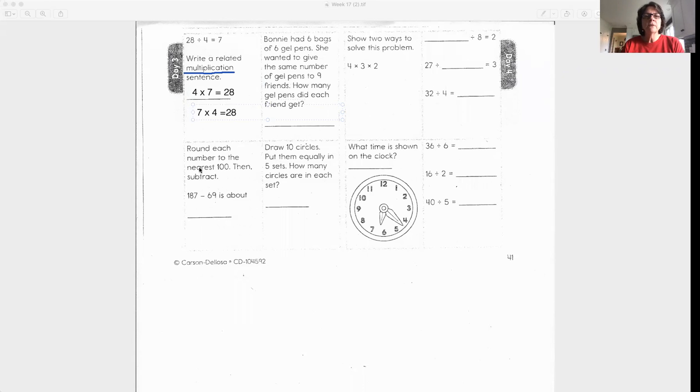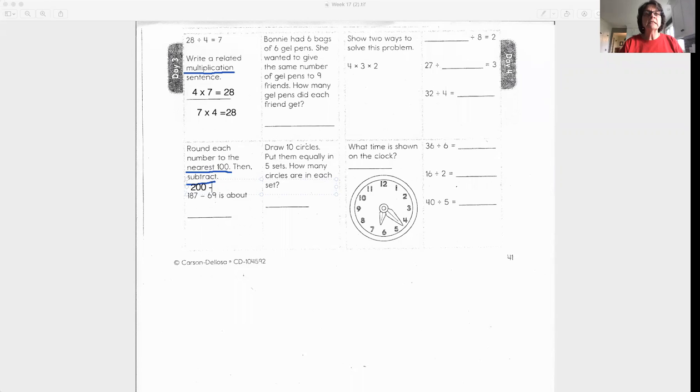Next one, round each number to the nearest 100, then subtract. So you have had a lot of practice with rounding. The important thing here, and I would underline this, is that they want you to round to the nearest 100. And then it says, then subtract. So 187, Mrs. Reed is going to round to the nearest 100, which would be 200. And then she is going to subtract.